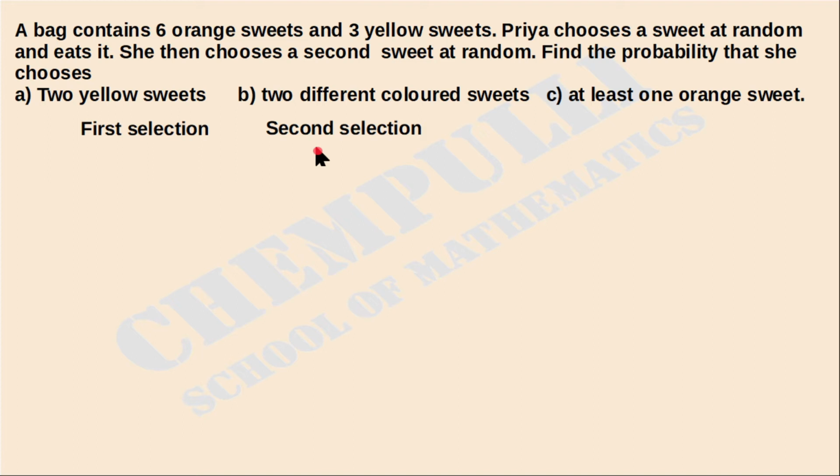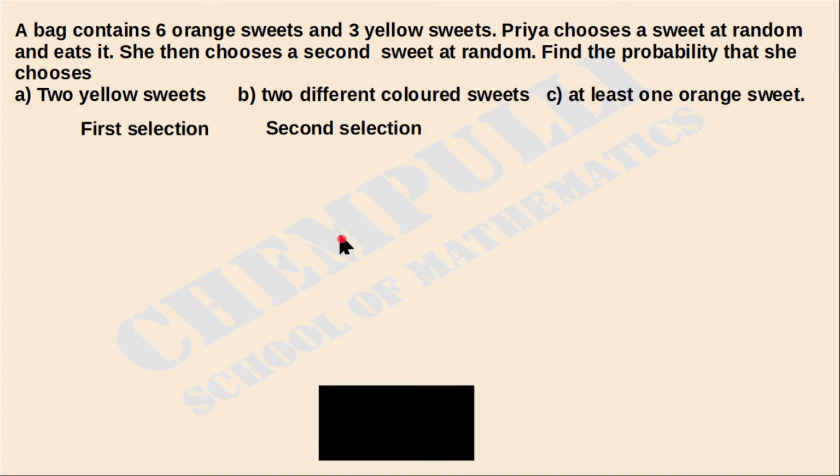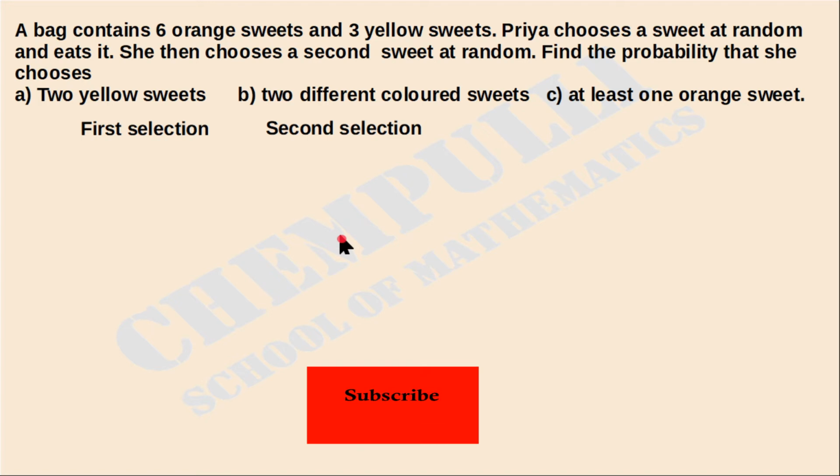If we select one seed from there, we will get two possibilities. That is orange seed or which seed? Yellow seed. These are the 2 possibilities. That means here we can draw 2 branches, orange seed and yellow seed.